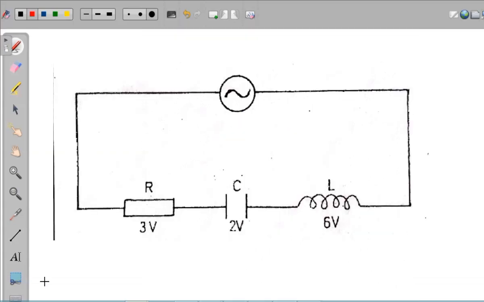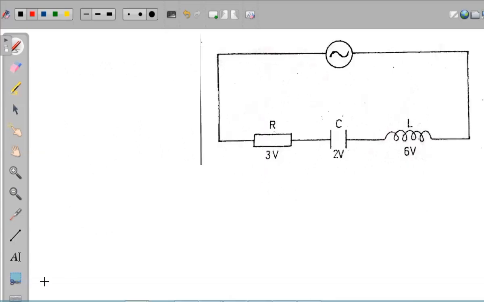Now there are key things you need to recall concerning an AC circuit, because the circuit given there is an AC circuit. We are asked to calculate the total voltage. From the circuit, the voltage across the resistor, VR, is given as 3 volts.